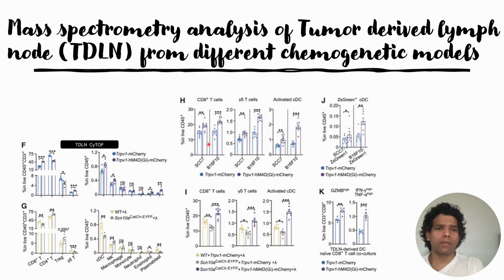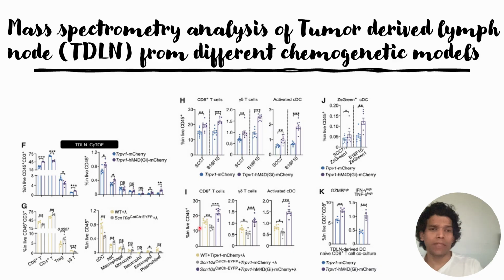In this case, they are able to see an increase in the CD8 plus T cells for both systems, gamma delta T cells, and also activated conventional dendritic cells. So this shows that the results they are seeing are not just specific to a particular kind of tumor cell, but can be expanded to other tumor cells.